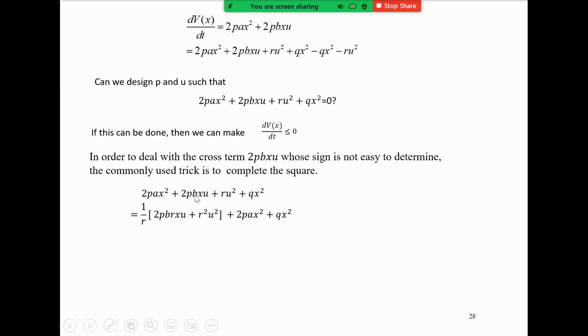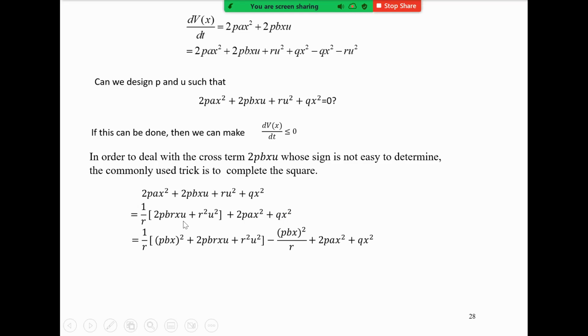That takes care of those two terms. I still have those 2 PAX squared, I put it here. I have this QX squared. Now you look at this one. We want to complete the square, which means we want to put this as the form of a square of something.